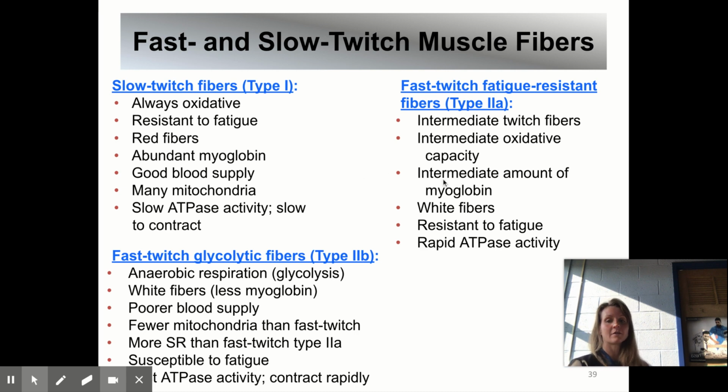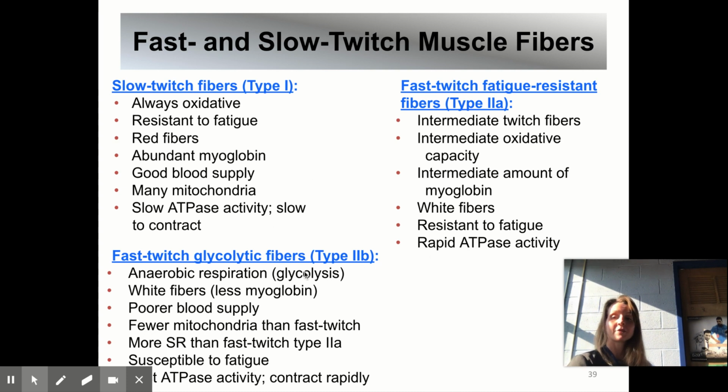So same thing, that's the protein in the blood that's bringing more oxygen around. Right. And there's going to be more white fibers. So the fibers actually look more white because of the sarcoplasmic reticulum being a little bit more active. They're more resistant to fatigue than the other fast twitch type. And they have more rapid ATPase activity. So they're using up ATP a little bit faster than our slow twitch muscles.